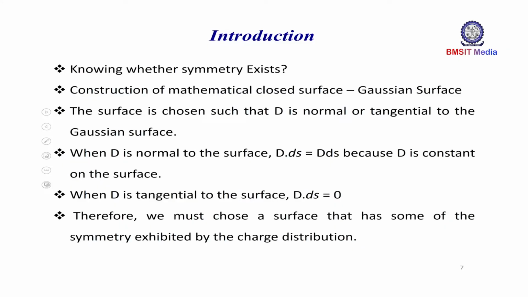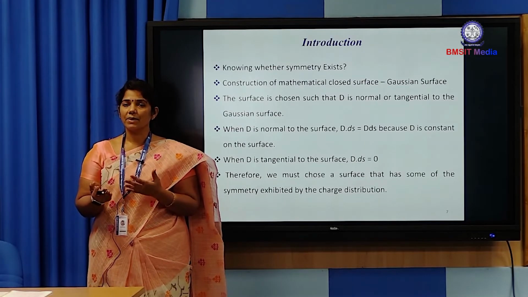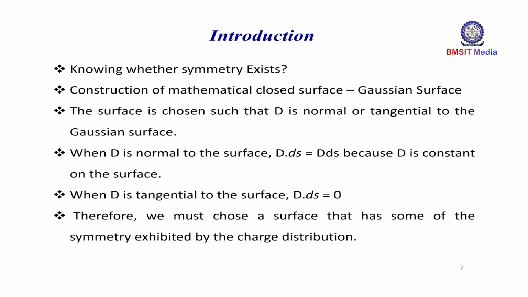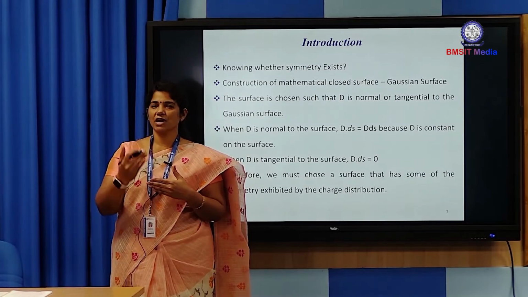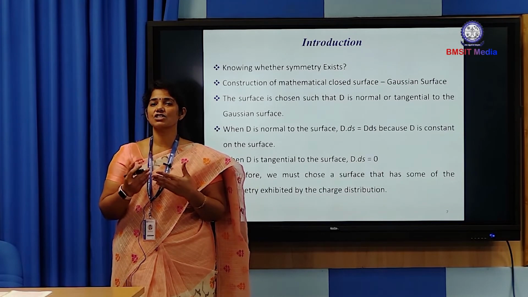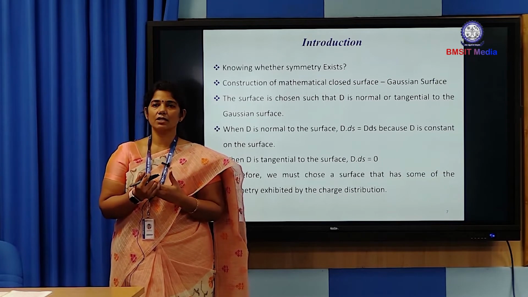Before going to discuss different charge distributions by applying Gauss law, you should know some points. As already discussed, when we are applying Gauss law, you should make sure that the charge distribution is maintaining symmetry condition. If the charge distribution is maintaining symmetric condition, then you can go with the construction of a mathematical closed surface. What does this mathematical closed surface mean?